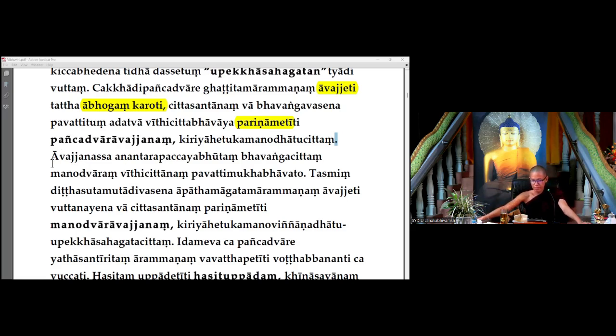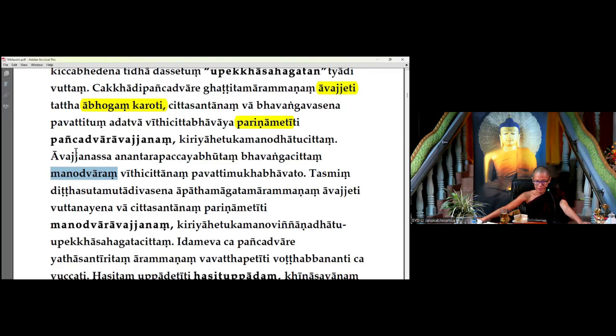Āvajjanassa anantara paccaya buddha bhavanga citta manodvāra. Vīthi cittāna bodhi mukha bhāvato. So Manodvāra. By saying that, it is the definition of Manodvāra.